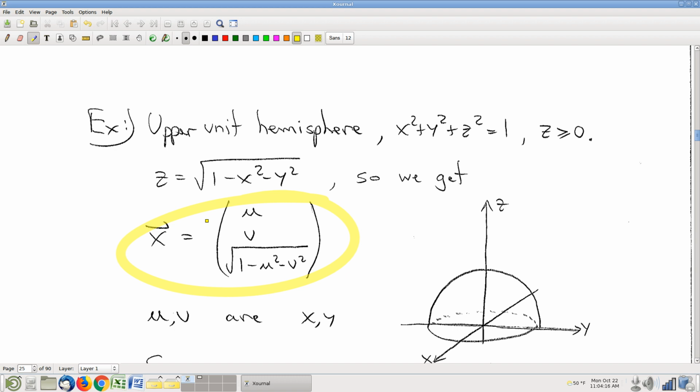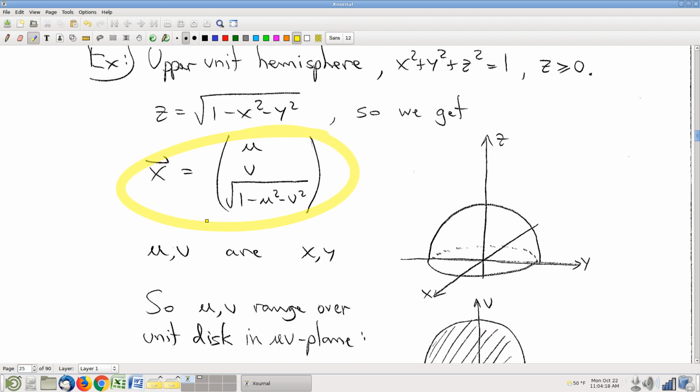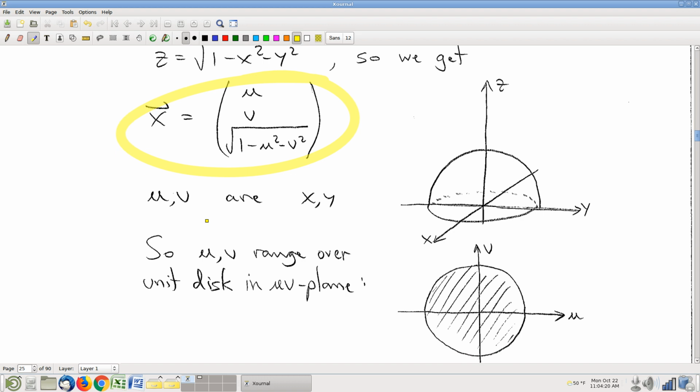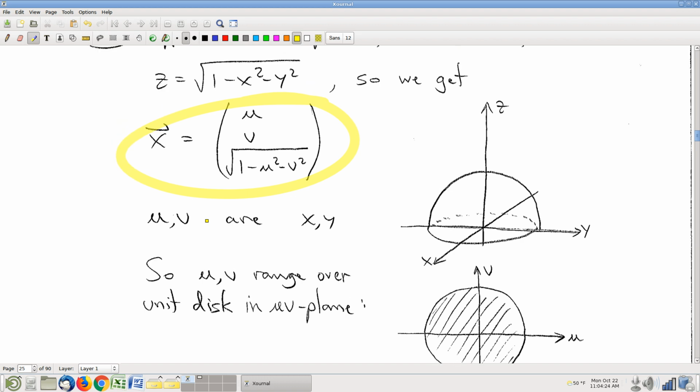Now, we're not quite done. What's the range of values of u and v there? Well, we've got to think, what are the values of u and v that give me this hemisphere? Well, the u and the v, don't forget, are the x and the y. So I want to know what are the x and y coordinates that, by way of this function, give me the points on the sphere.